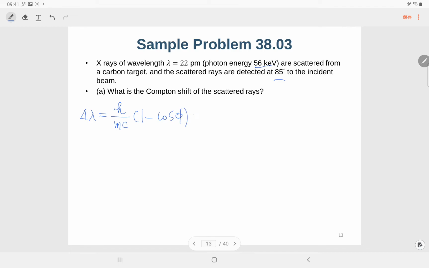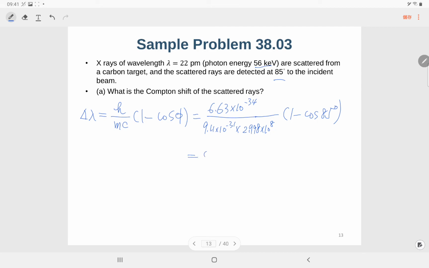So h is 6.63 times 10 to the minus 34, and then the mass of an electron is 9.11 times 10 to the minus 31, and then c is 2.998 times 10 to the 8th power, and then 1 minus cosine 85 degrees.